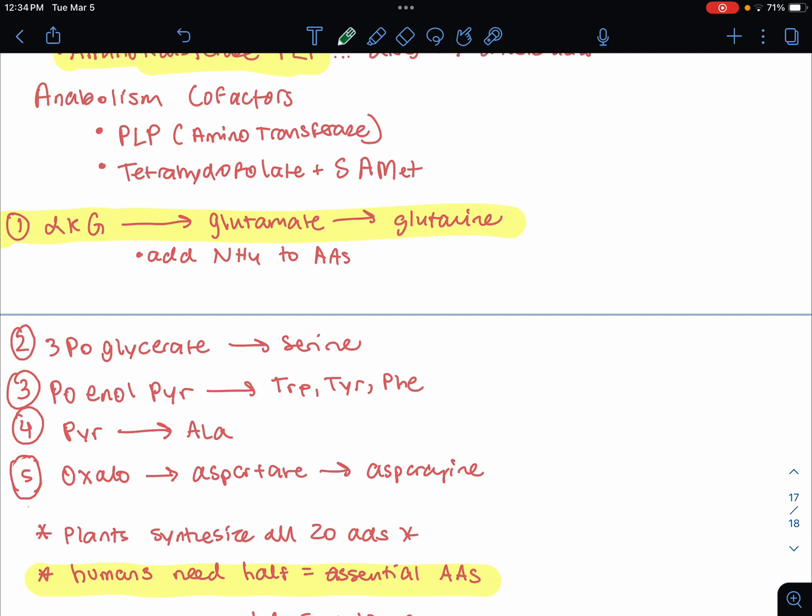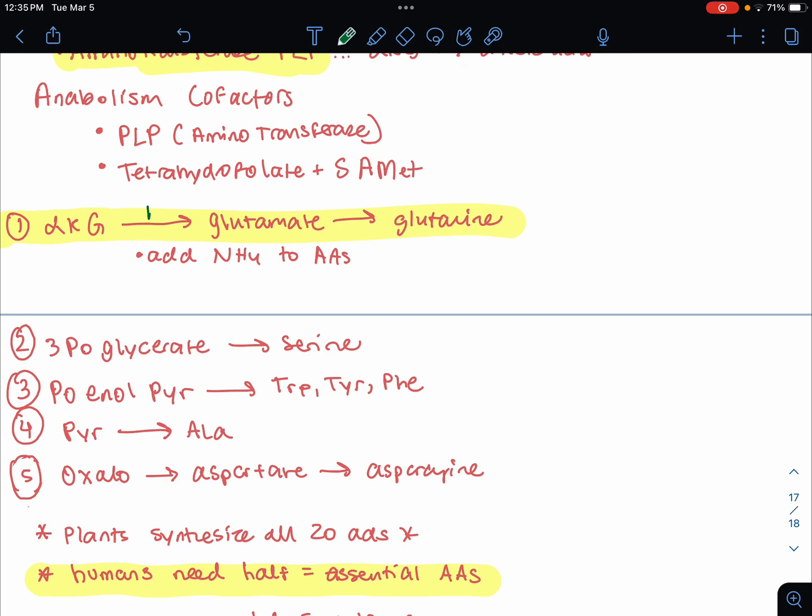So first, alpha-ketoglutarate will become glutamate, and then glutamine. Remember, we've seen this reaction before. You're going to add NH4 to the amino acids, and you're going to do several transfers of that. The enzyme that takes alpha-ketoglutarate to glutamate is just an aminotransferase, so you need PLP.